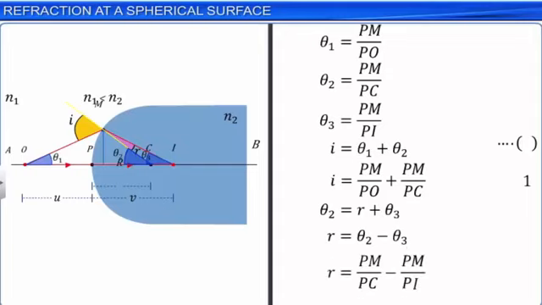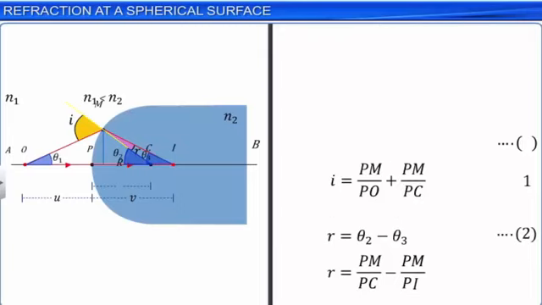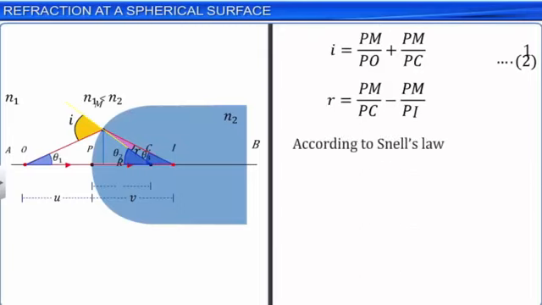On substituting the values of I and R from equations 1 and 2, and after further simplification, we get N1 by PO plus N2 by PI is equal to (N2 minus N1) by PC. Let this be equation 3.